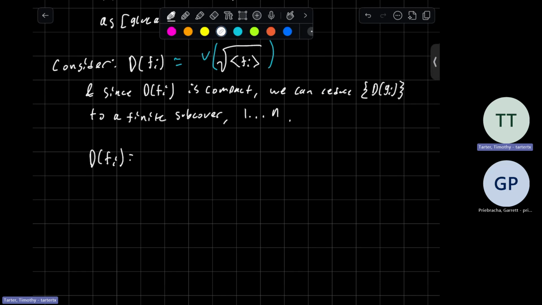So D(f_i) is equal to the union of D(g_i), i equals 1 to n, which then corresponds to the variety of the radical ideal of g_1 through g_n.